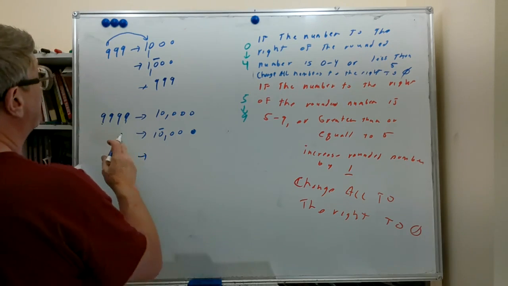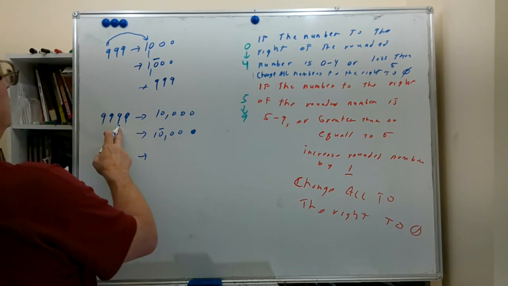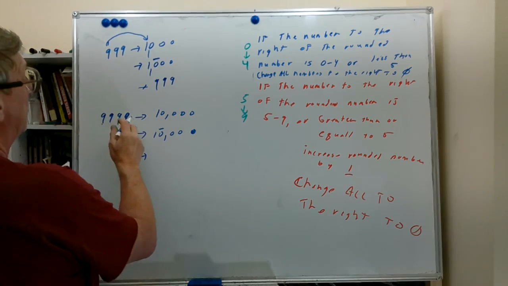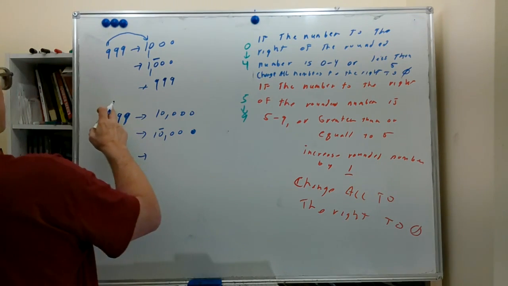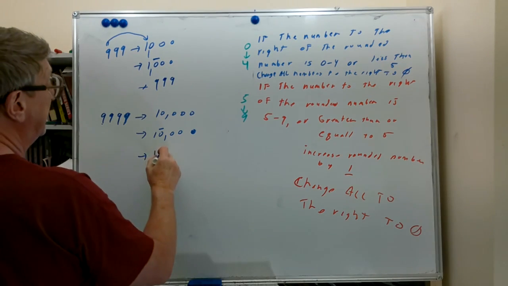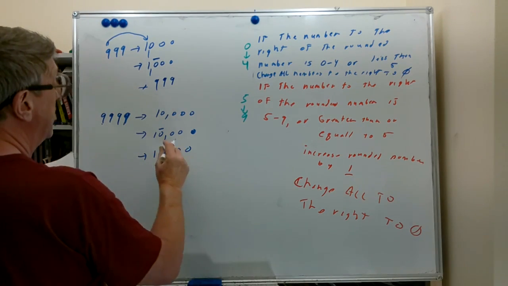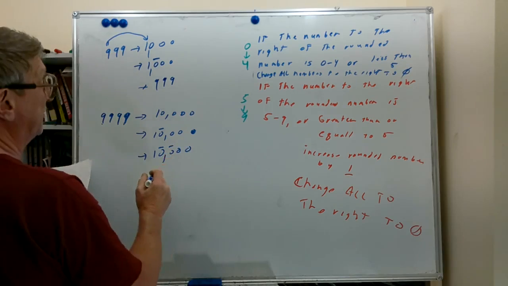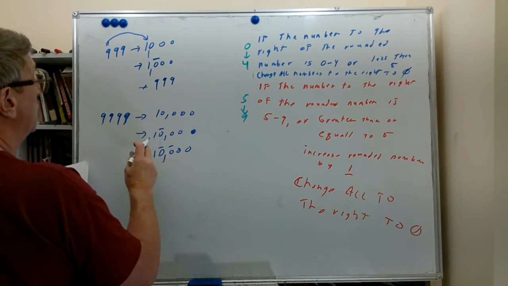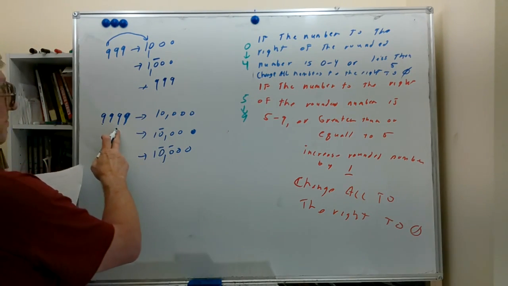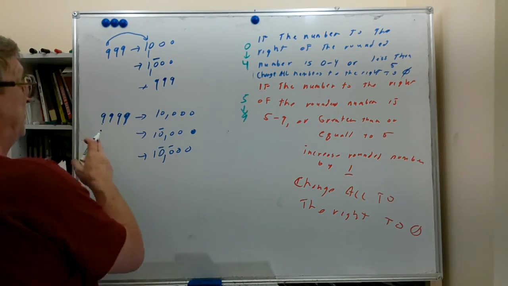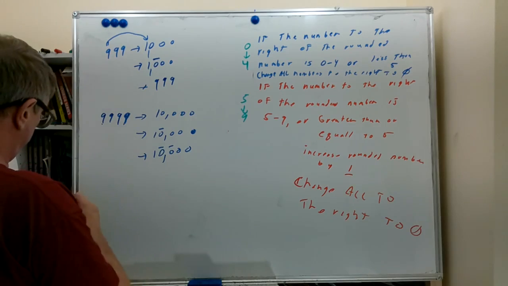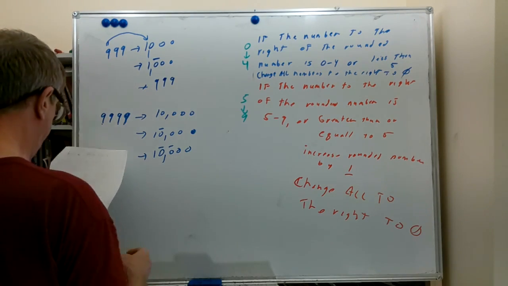We go to 3 significant digits, and the same thing happens. The 9 rounds up because we have a 9 to the right of it, and that causes a carry and a carry. So it looks like 10,000, but these zeros are both significant because that was our rounded digit. And we've got it rounded as close as you can represent it with that many digits.